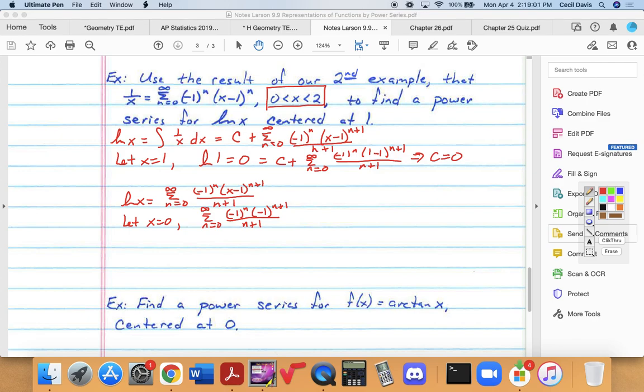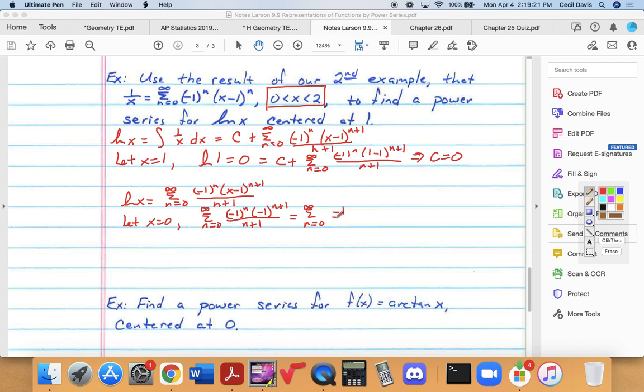What does that numerator simplify to? Yeah, just -1. Because one of these two is -1 and one of those two is +1 for all values of n.